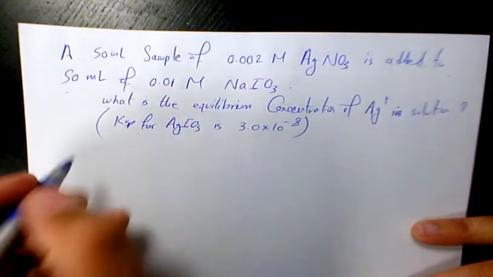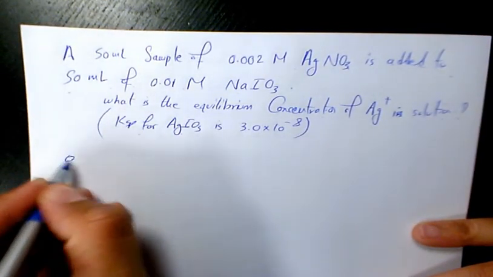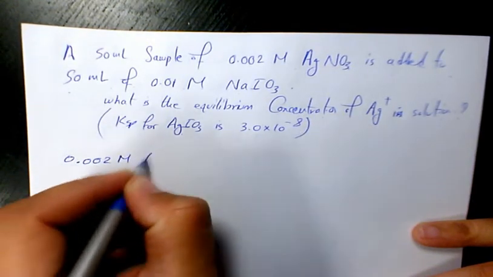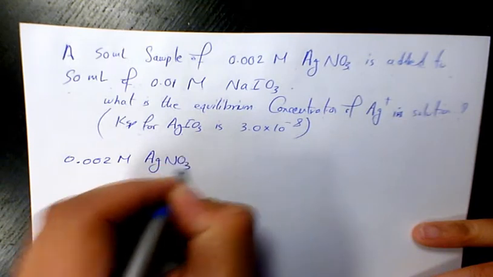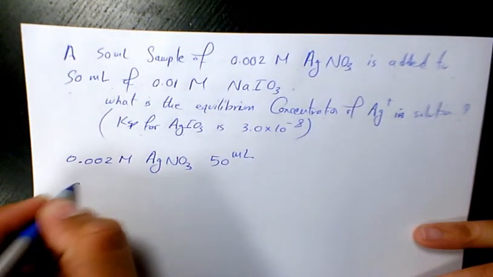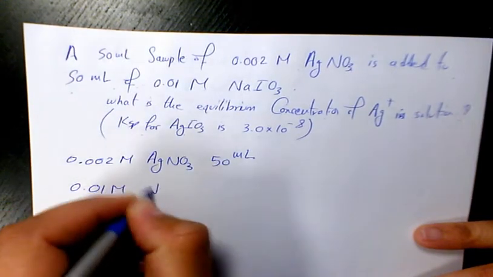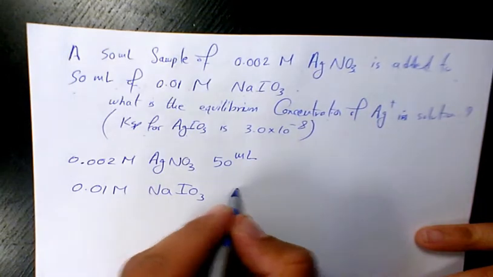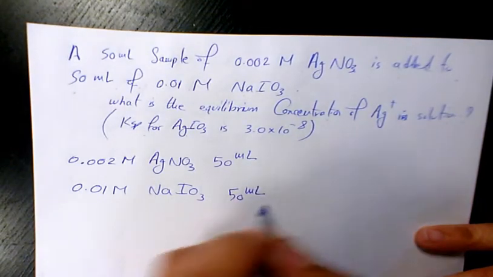So first thing, we have 0.002 molar of AgNO3 and the volume is 50 ml. On the other hand, we have 0.01 molar of sodium iodate. It is 50 ml as well.